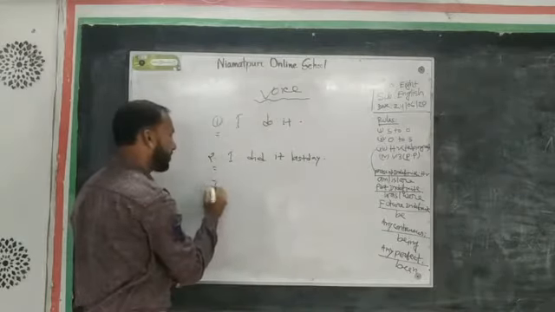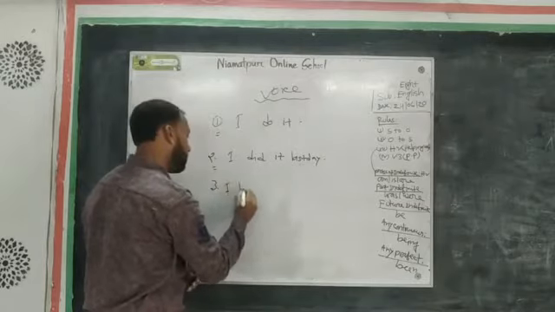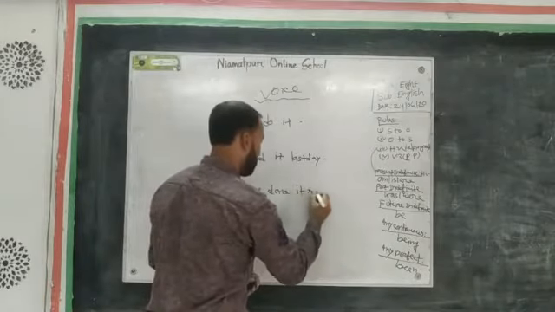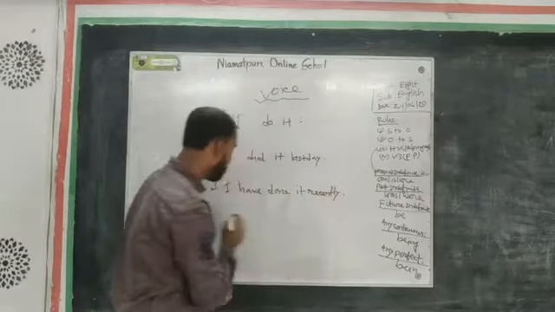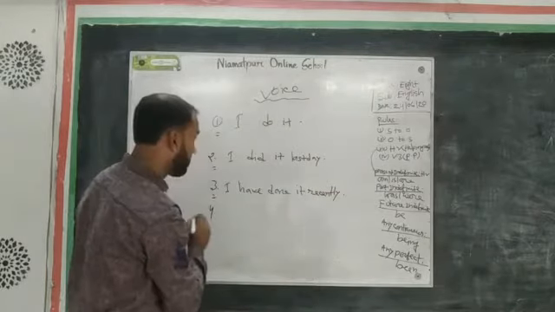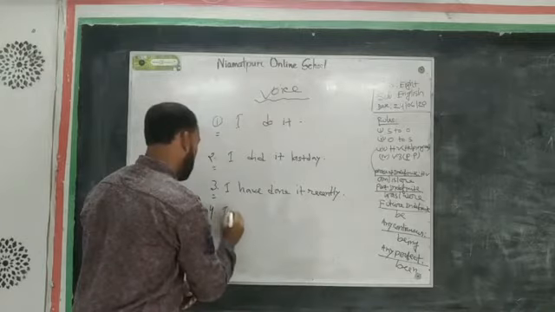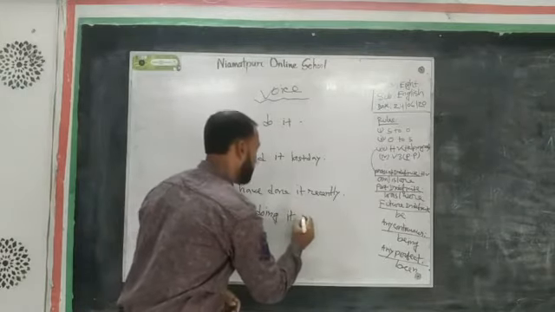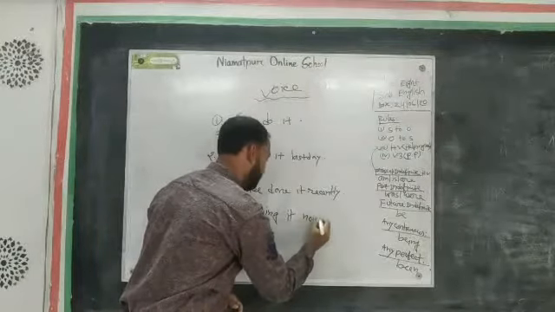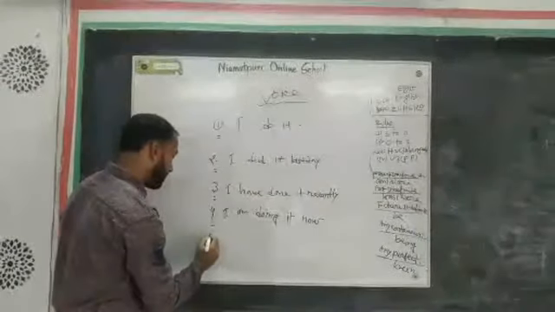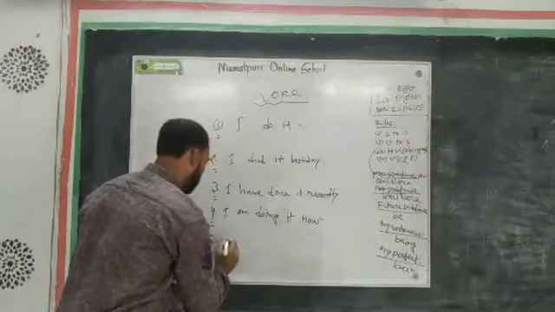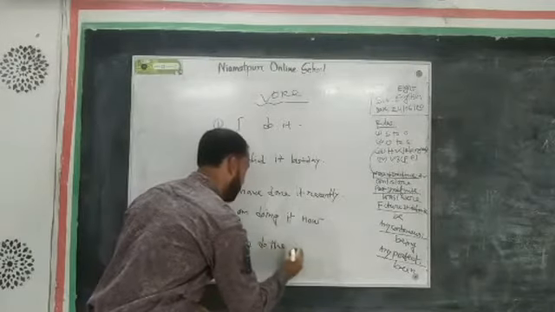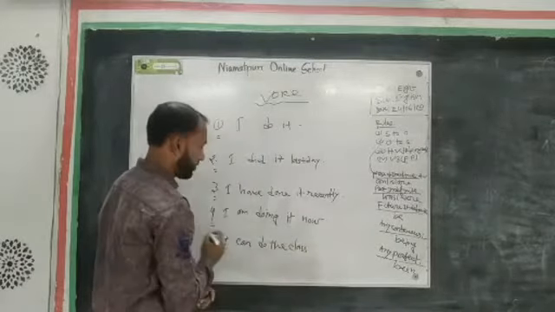Number 3, I have done it recently. Number 4, I am doing it now. Number 5, I can do the class.